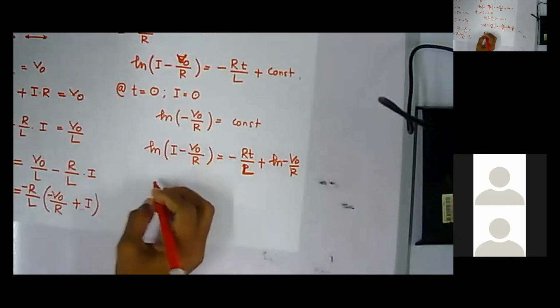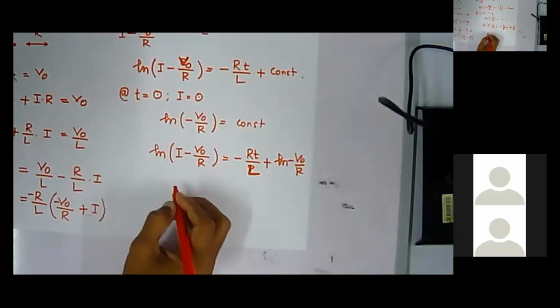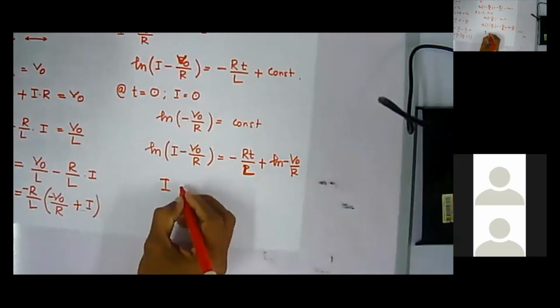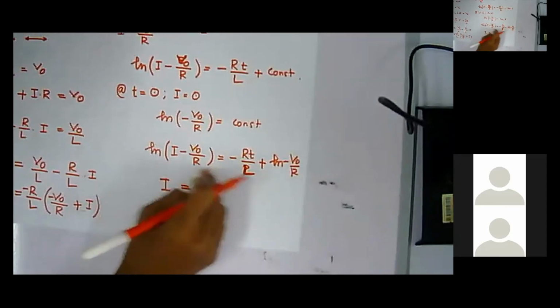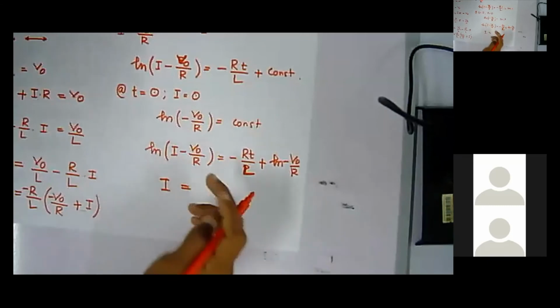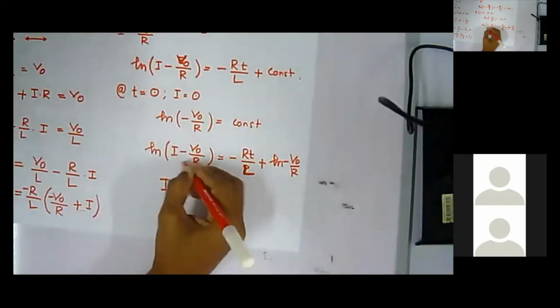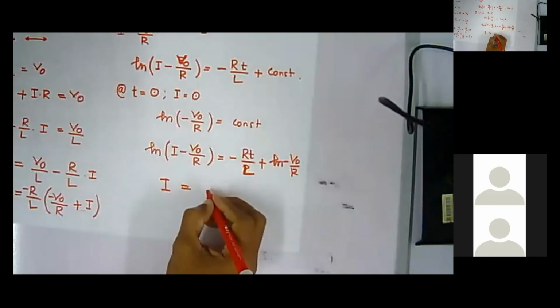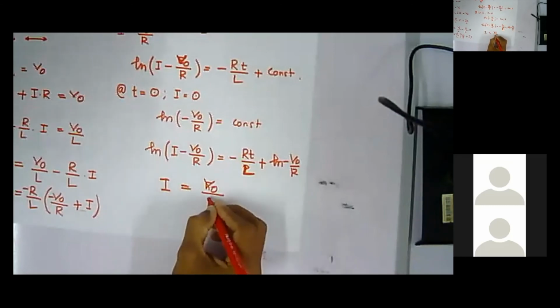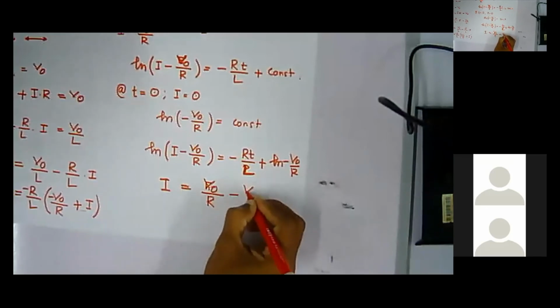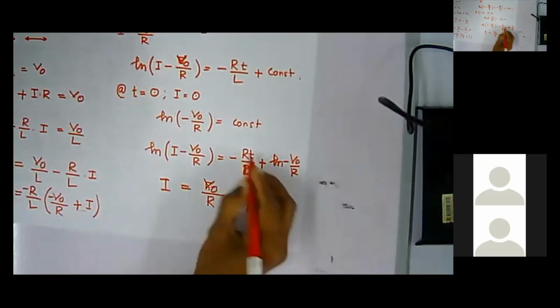and take natural logarithm both sides, so I can simply write it as I equals, right, so this V over R becomes 1 over VR, and then V naught R over V naught R becomes 1, minus 1 becomes plus 1, right, which will be equal to V naught over R minus V naught over R into exponential, right?